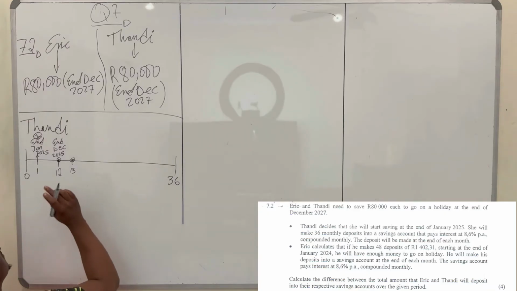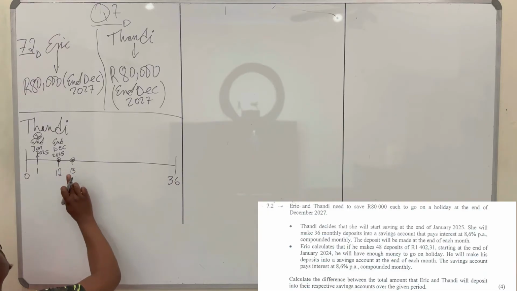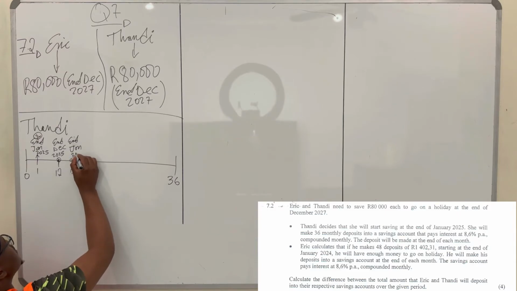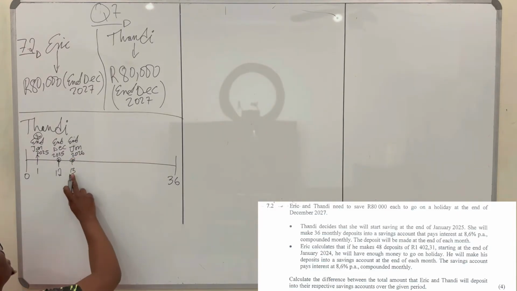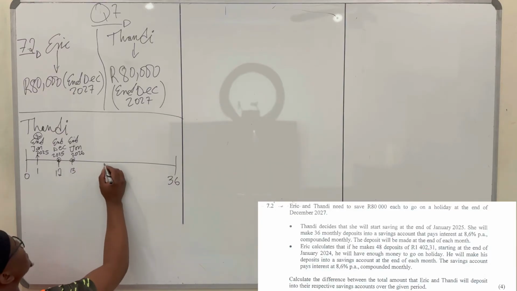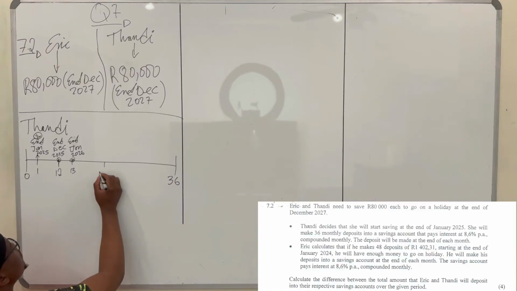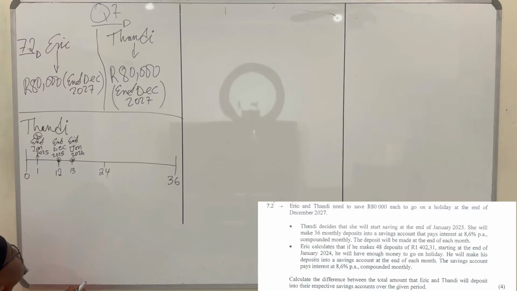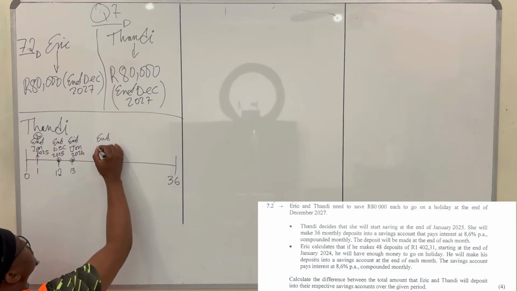Now the 13th deposit will be made in January 2026. And that year, 2026, she will also make 12 deposits, which means at the end of December that year, she will be making her 24th deposit. So the 24th payment will be made at the end of December 2026.